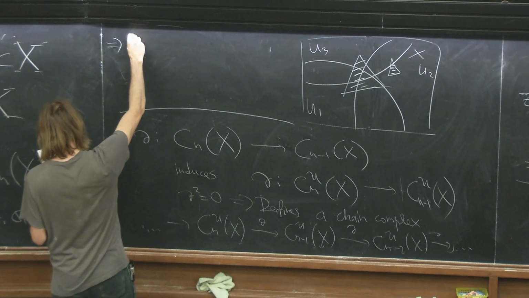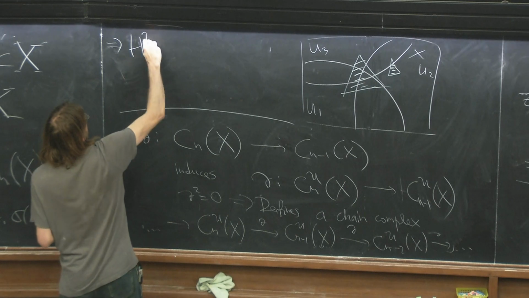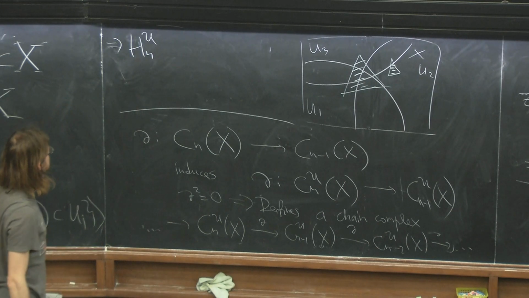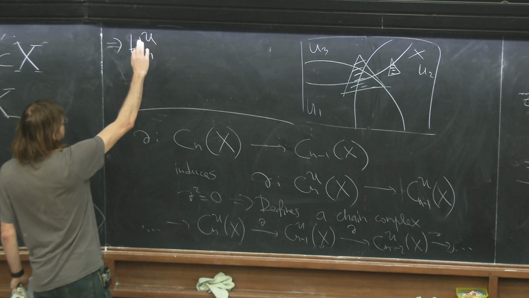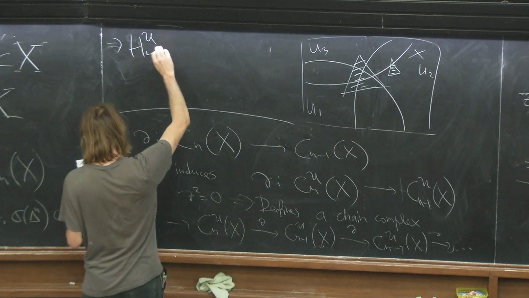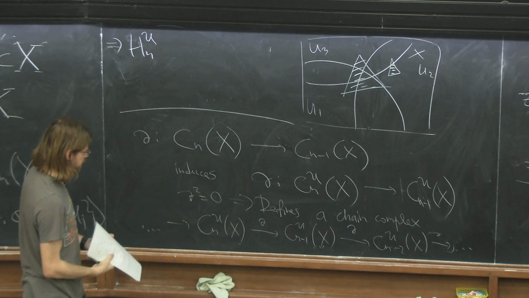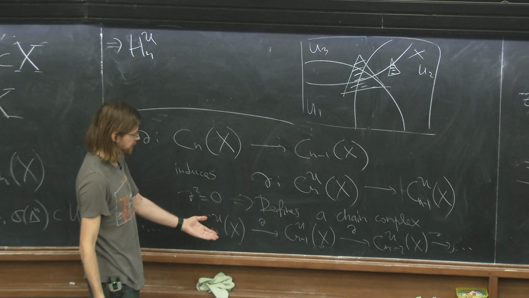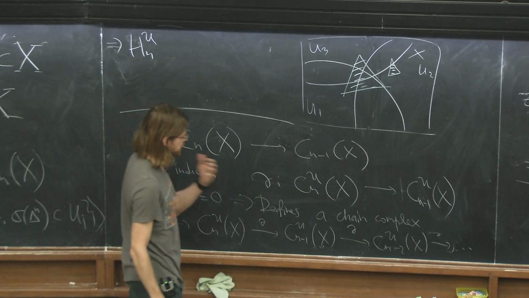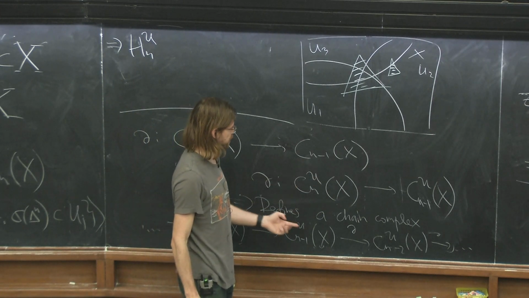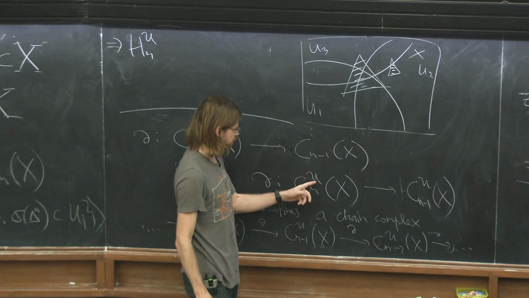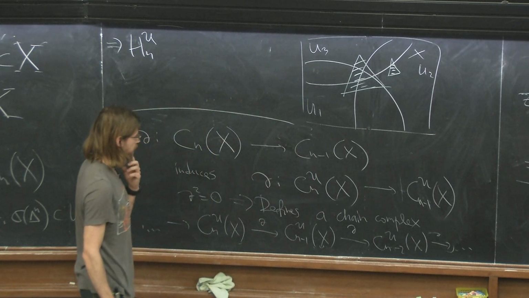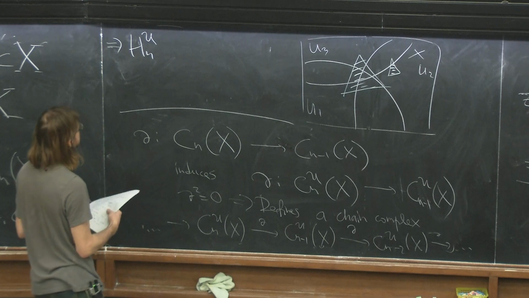We can define homology, which we denote by this additional label U, because the chain complex depends, in principle, on the choice of this family of subspaces.